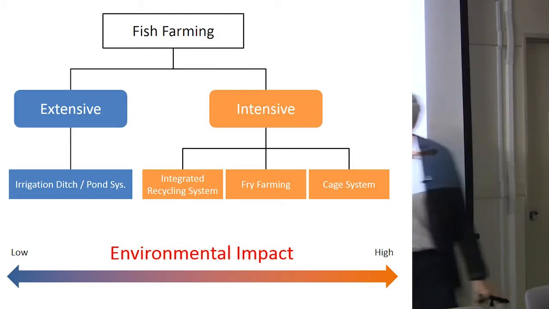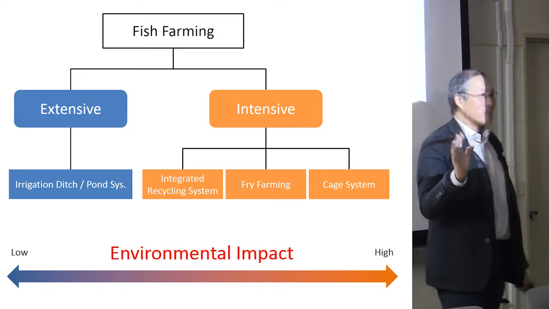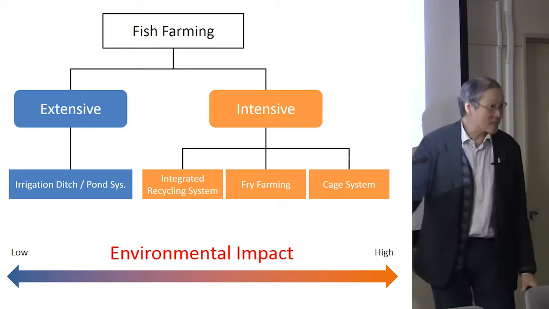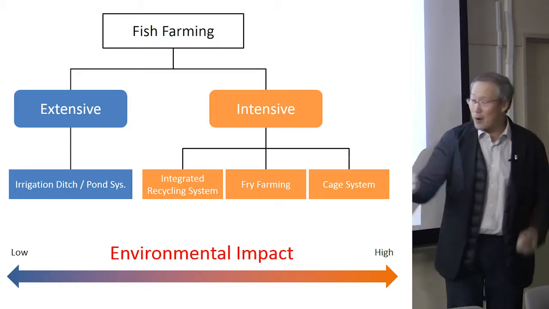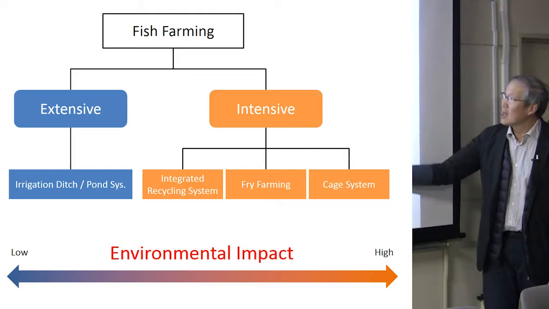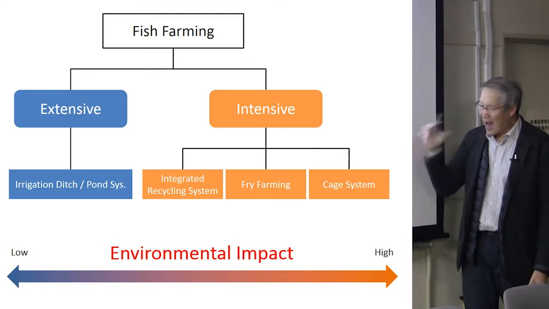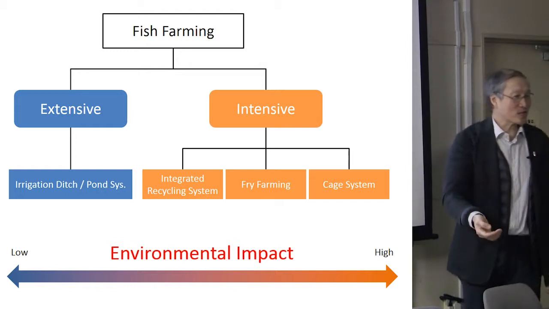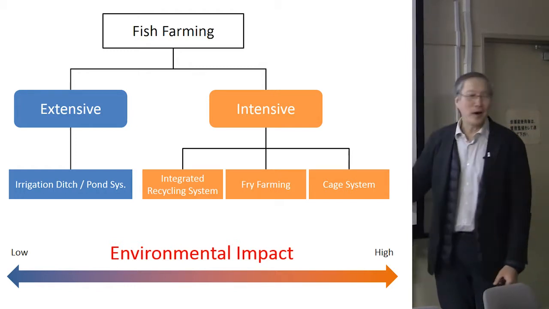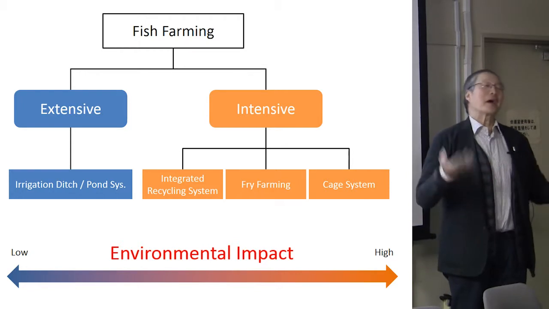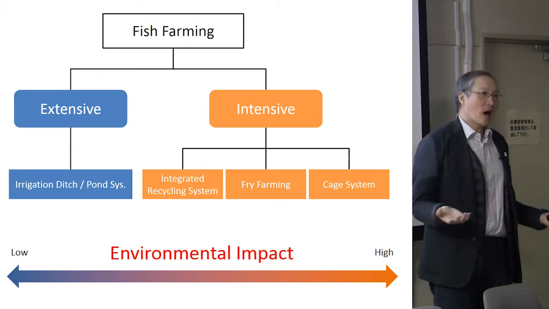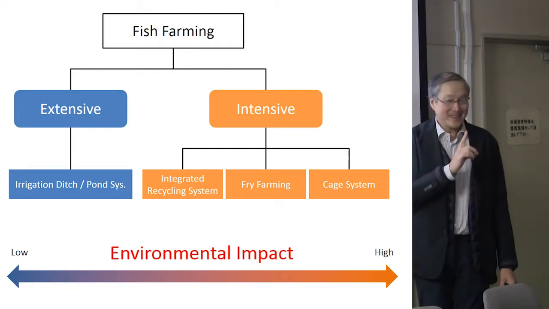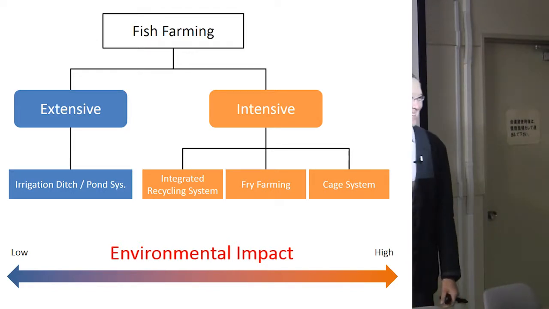Extensive has a lower environmental impact because it uses fewer resources and less cost, compared to intensive: high yield, high capital, high labor costs, high environmental impact. Now again, we have to consider, do we want high or do we want low? Again, some people want to stay in the middle.